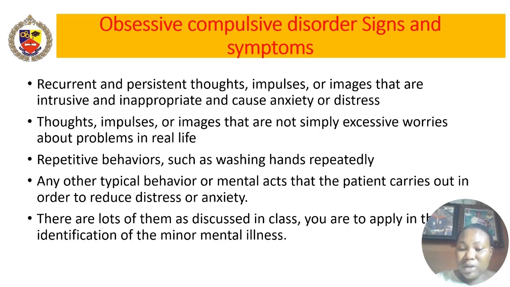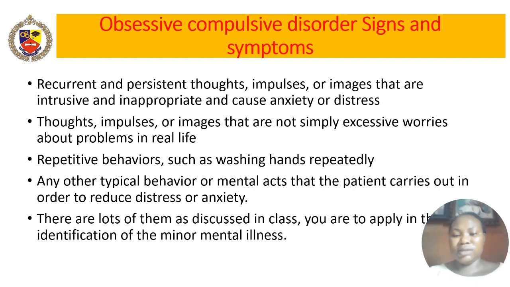The symptoms of OCD are anxiety, distress, and recurrent and persistent thoughts that keep on coming, and the patient will be telling you that the thought has been coming. These thoughts, impulses or images are not simply excessive worries about problems in real life.